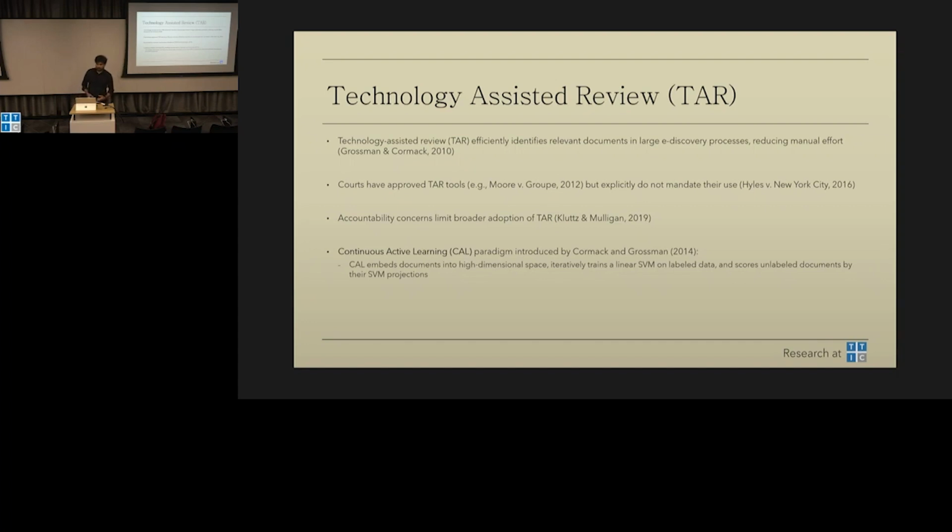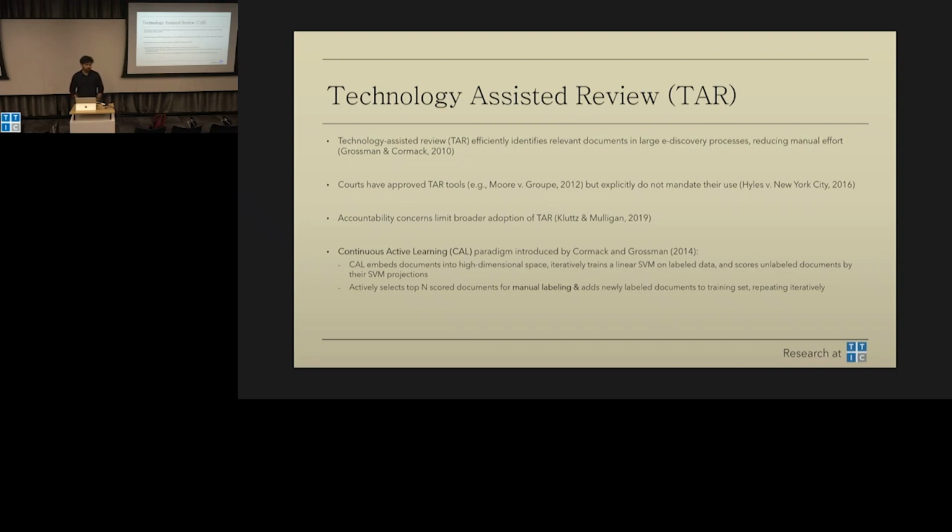It takes all the documents, thinks of them as high dimensional vectors, and starts training an SVM on them. Initially it gets some labeled data, tries to learn some classifier, and then it scores the remaining unlabeled documents, picks the ones which are most likely to be relevant, and asks Alice's legal team to review those documents.